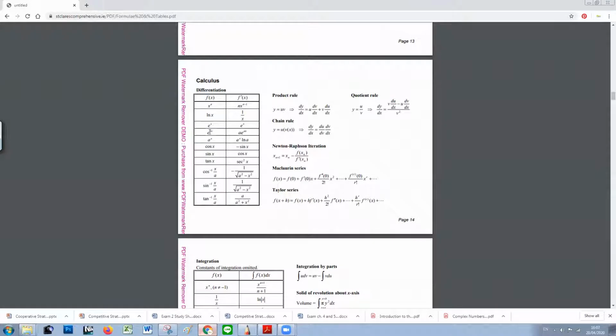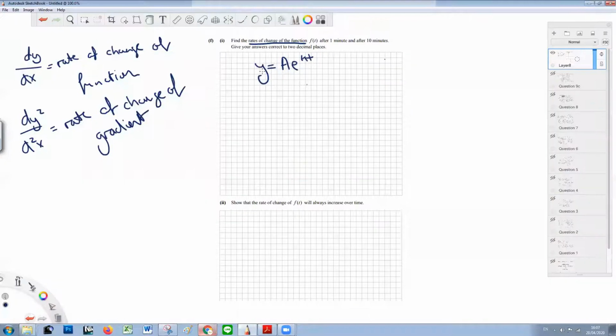So if we differentiate e^(ax), it's going to be a e^(ax), which effectively means dy/dx, with respect to time, so it's going to be dy/dt, is going to be A k e^(kt).